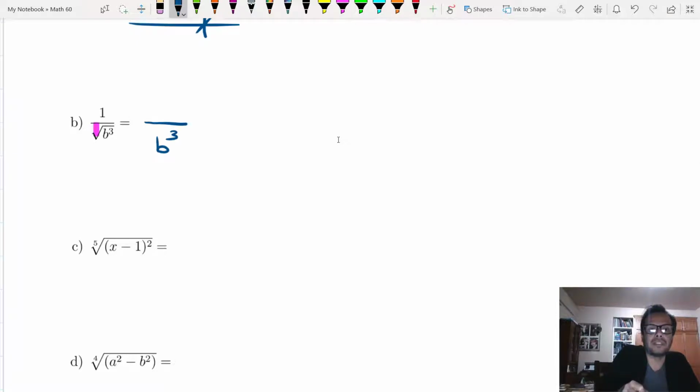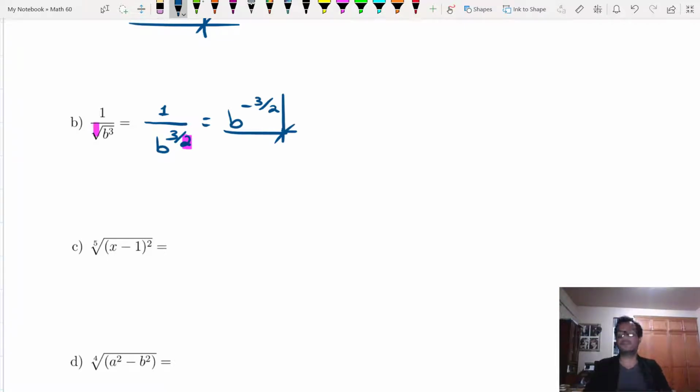And this is going to be 3/2. I'm going to highlight the 2. The 2 comes from the index of the radical, and that's underneath a 1. But this is not where we finish. In this case, we need to write with negative exponents. Let me write this as b to the negative 3/2.